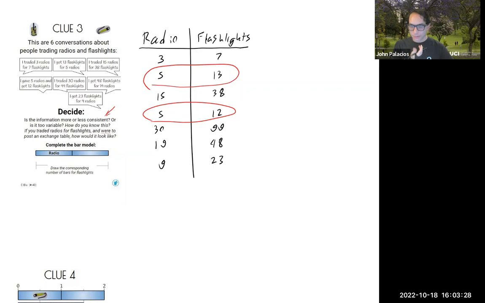But let's look at some other observations we might be able to make from this data. For example, the first trade implies that if 3 radios equal 7 flashlights, this means that the radio price is equal to 7/3 the price of a flashlight. But 7/3 is kind of a hard thing to think about.